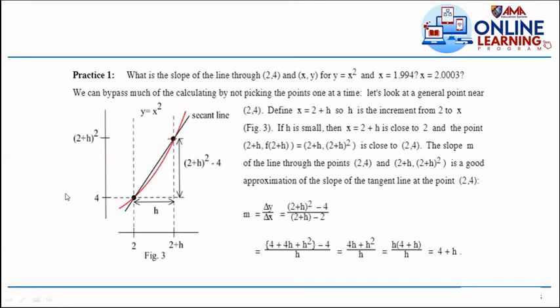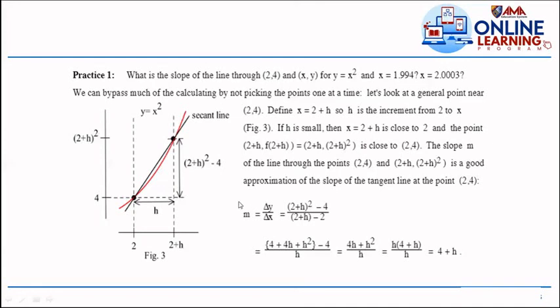Okay? So, halimbawa, if m is equal to negative 3, makikita po natin yung slope niya ay ganito siya. Pag positive 3, ang slope po natin ay ganito. Okay? So, yung y2 pa natin, 2 plus h, so magiging y2 po natin will be 2 plus h squared. Okay? So by this time, we're going to get their slope.